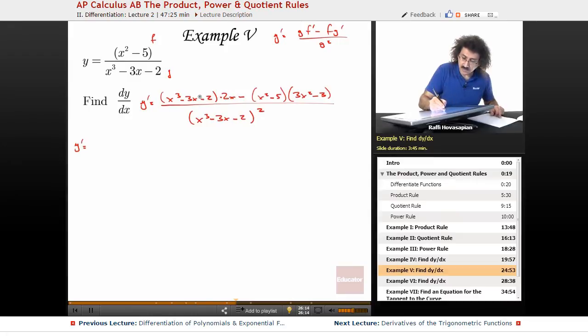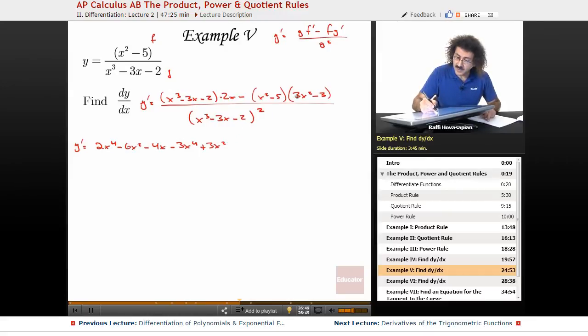So y prime equals 2x and x cubed. That should be 2x to the 4th minus 6x squared minus 4x. Okay, this minus sign. X squared, 3x squared is 3x to the 4th. With a minus sign becomes minus 3x to the 4th. X squared minus 3, so this is minus 3x squared, minus a minus is plus 3x squared.